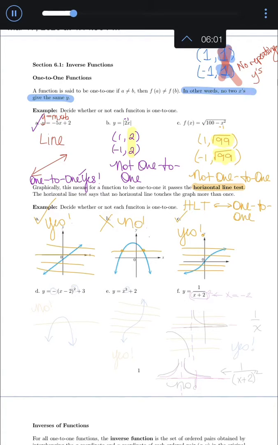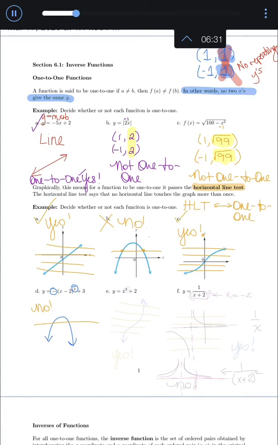Now these next few you might say, I don't know, but you have to draw a graph. Well, this first one on D has a squared, so we know it's a parabola. The minus sign tells you it's a parabola facing downward, but you don't actually need more than that. Because if you have a parabola facing downward, what do you know? Any horizontal line you draw is going to hit more than once, so it is not one-to-one.